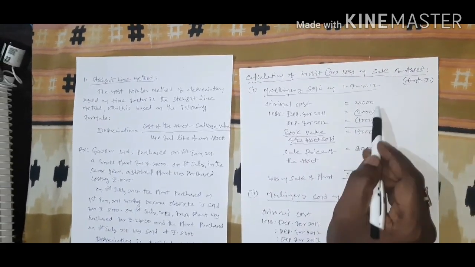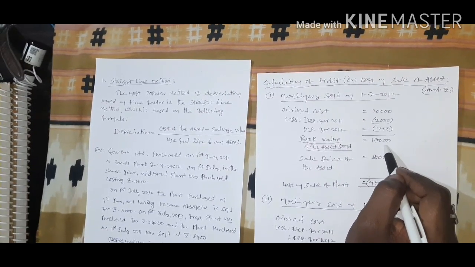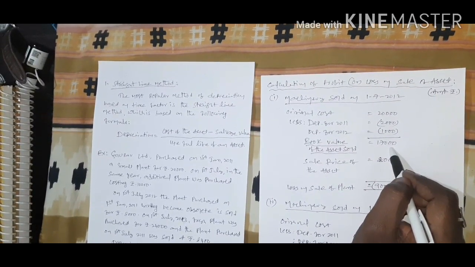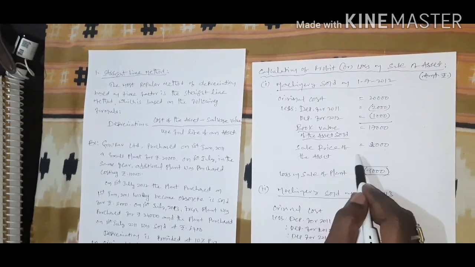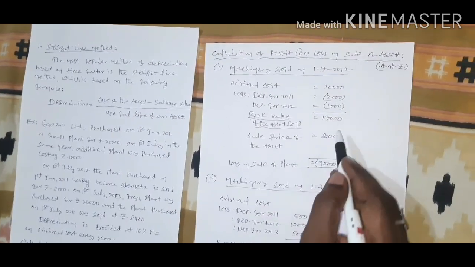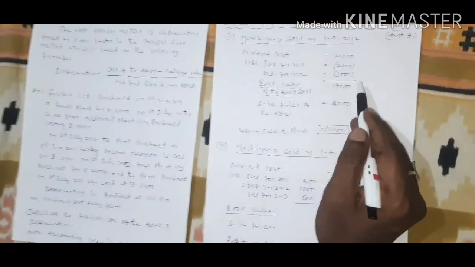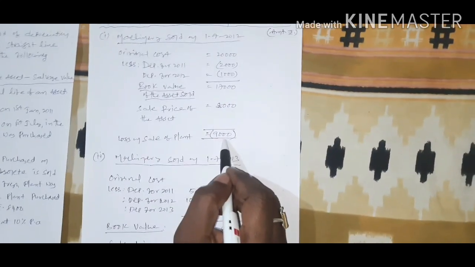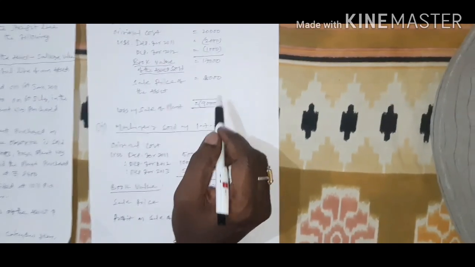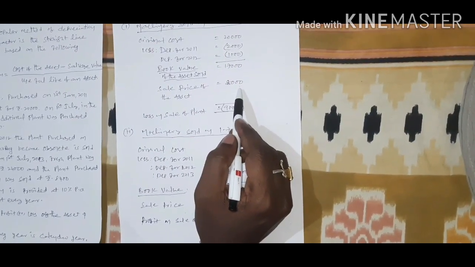I repeat, friends, original cost of the asset minus depreciation till date is equal to book value or written down value of the asset. Then sale price of the asset given here is rupees 8,000. Since sale price of the asset is less than book value of the asset sold, there amounts to be loss. Then loss on sale of plant is rupees 9,000. That is book value of the asset minus sale price of the asset.